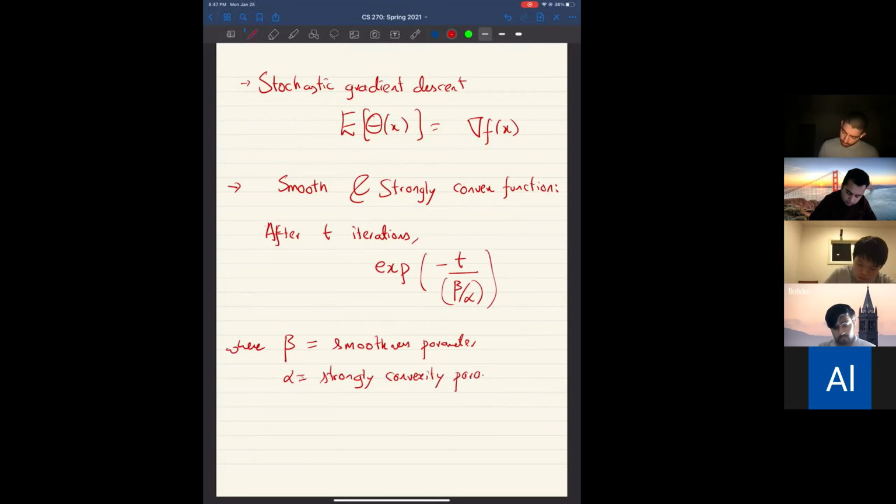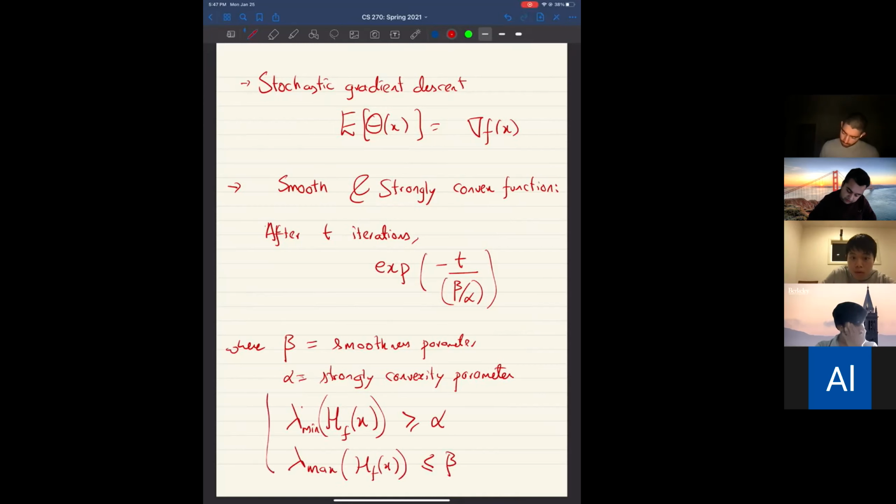Alternatively, if you know that the Hessian, the second derivative matrix of the function, has its smallest eigenvalue at least alpha, and the largest eigenvalue of the Hessian is always at most beta.